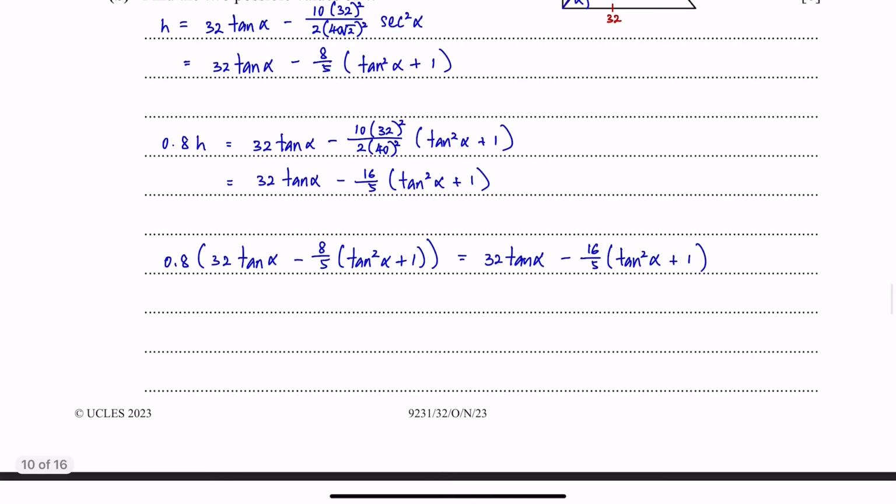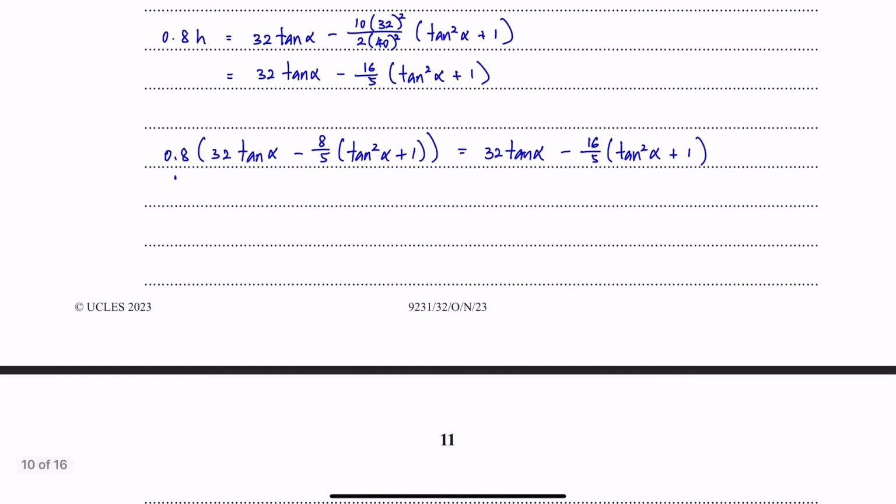So we would have 48 over 25 tangent squared alpha minus 32 over 5 tangent alpha plus 48 over 25 equals 0. Let's simplify this equation. We can divide the whole equation by 16 over 25.